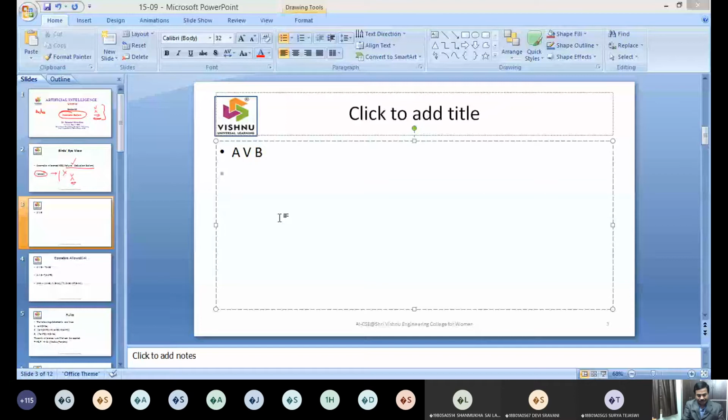In the same context, how do you write A and B by using this implication part? We have to write something on paper, then only you can get it. You need to type something or write something on paper, then I can do it.